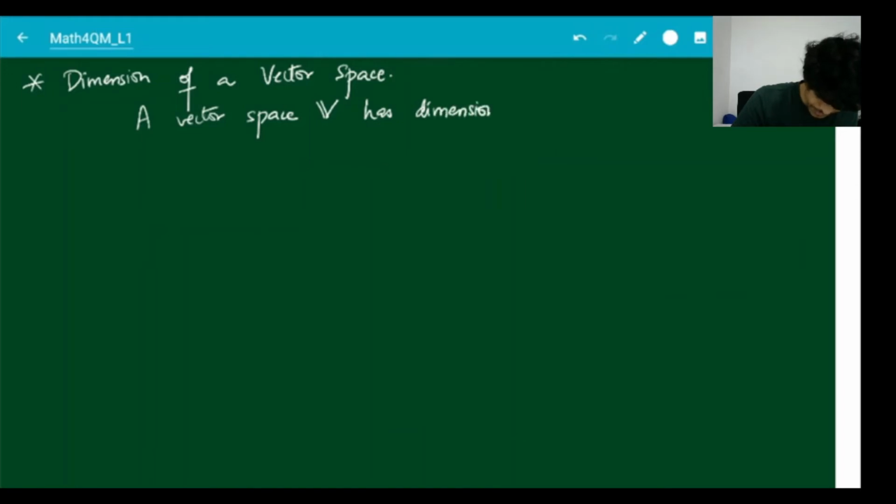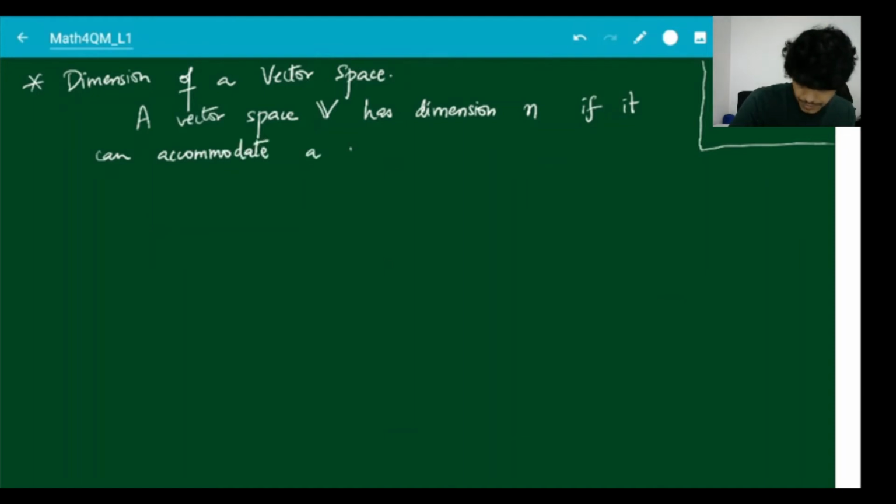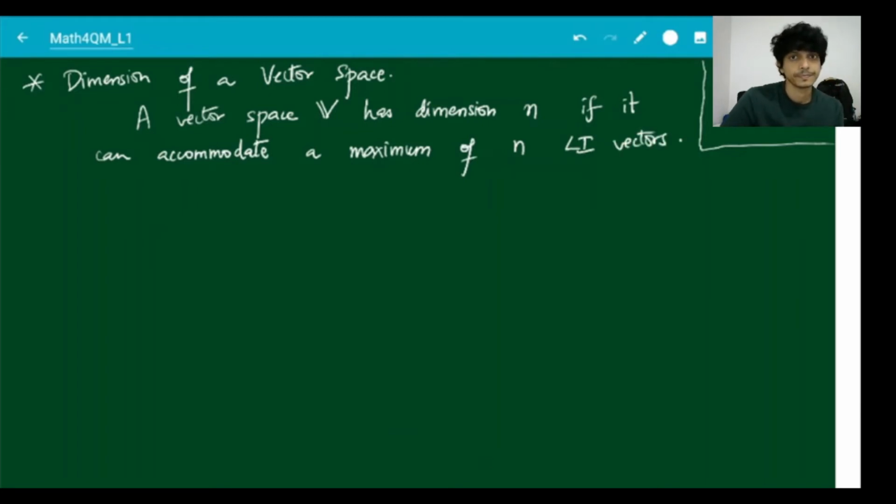We say it's an n-dimensional space if it can accommodate a maximum of n linearly independent vectors. Let's see what the statement means.